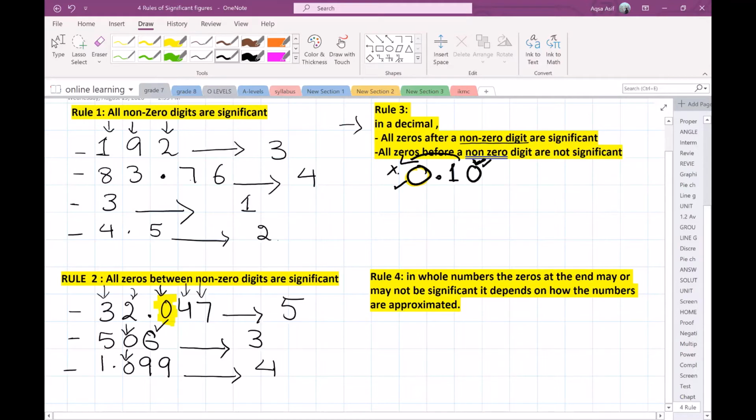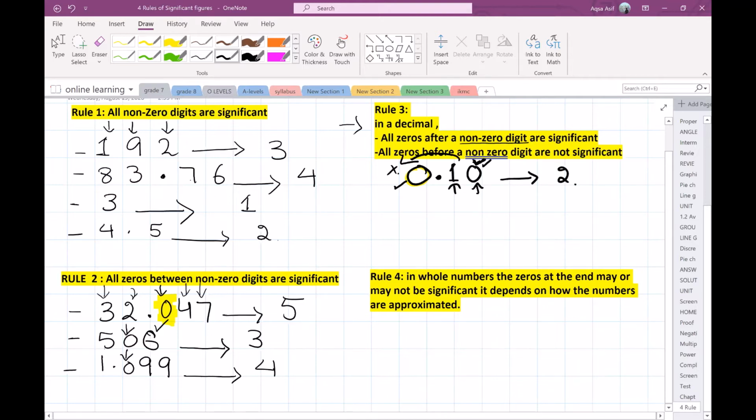So in order to figure out how many significant figures are there, we'll count this number 1 and this 0, which comes after a non-zero number. So there will be 2 significant figures.